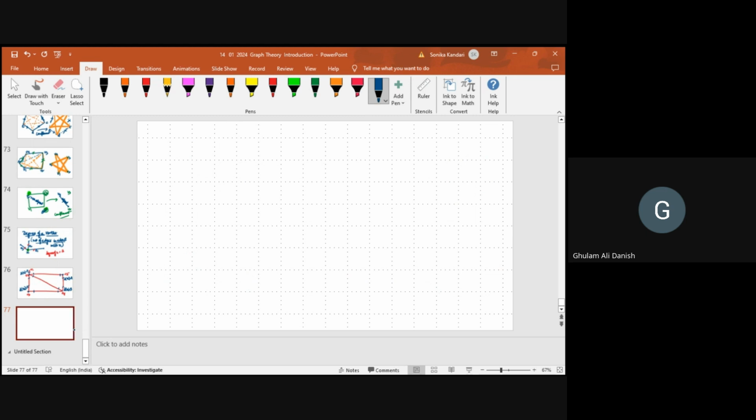Okay. Now we have the handshaking theorem. Let us see what it states.